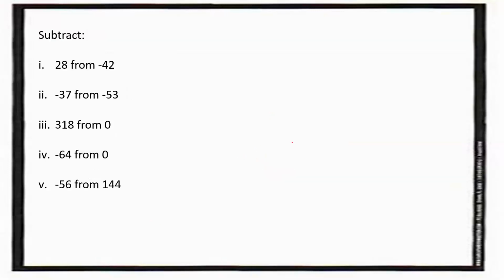Okay. Now subtract 28 from minus 42. If you have "from", then the digit after "from" will come at the first place. That means minus 42, and in place of "from" you put minus: minus 42 minus 28. Now simply add this up. Easy peasy.